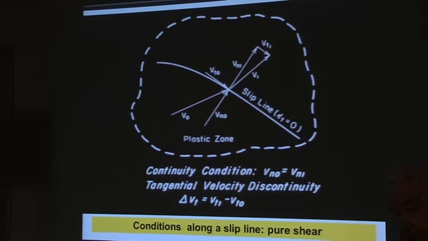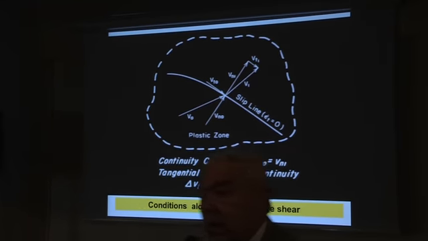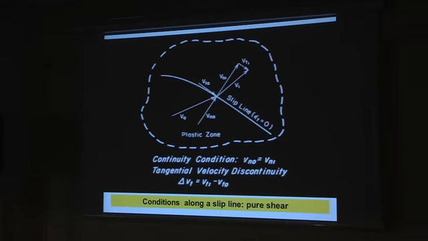What happens along one of these slip lines? We have to have a plastic zone, first of all. This is a plastic deformation mechanism in which there is no extensional strain. This component is equal to this one.